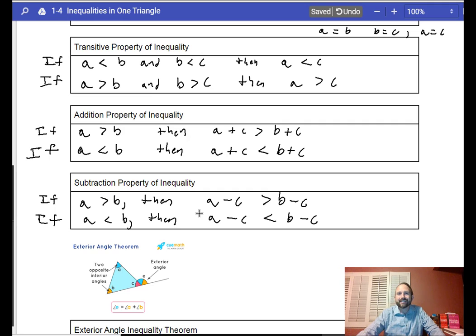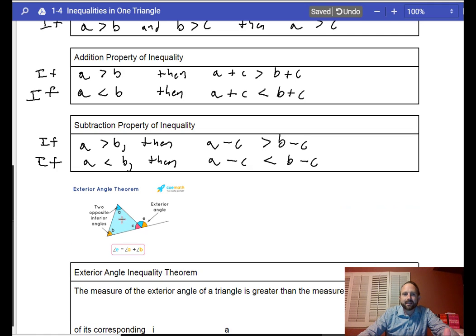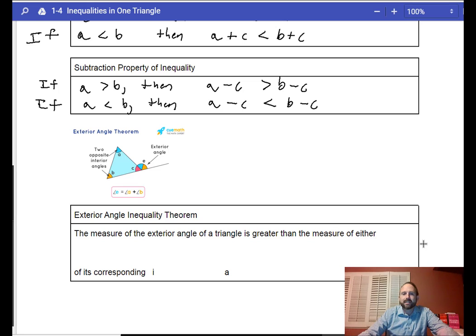All right, let's continue. If you remember the exterior angle theorem, we understand that these two add up to E right there. So we have this new theorem, the exterior angle inequality theorem. This states the measure of the exterior angle of a triangle is greater than the measure of either of its corresponding interior angles.